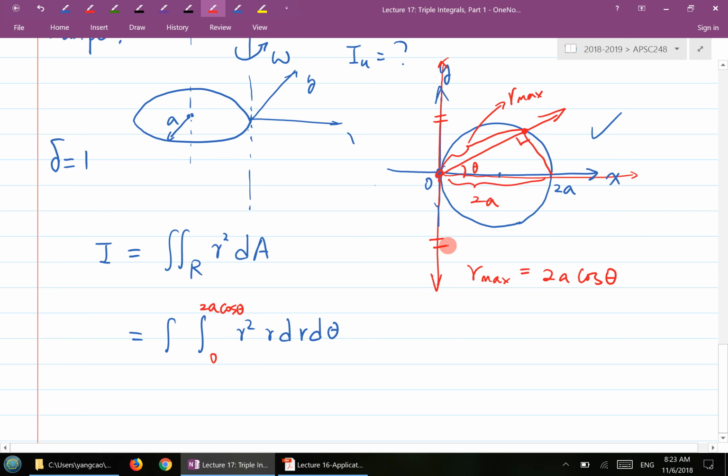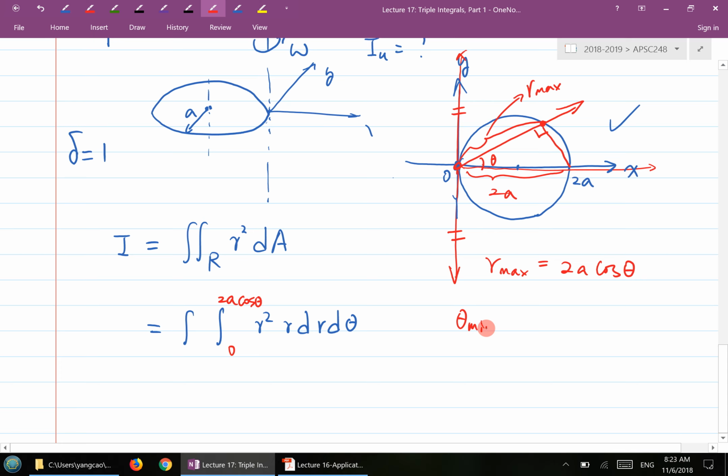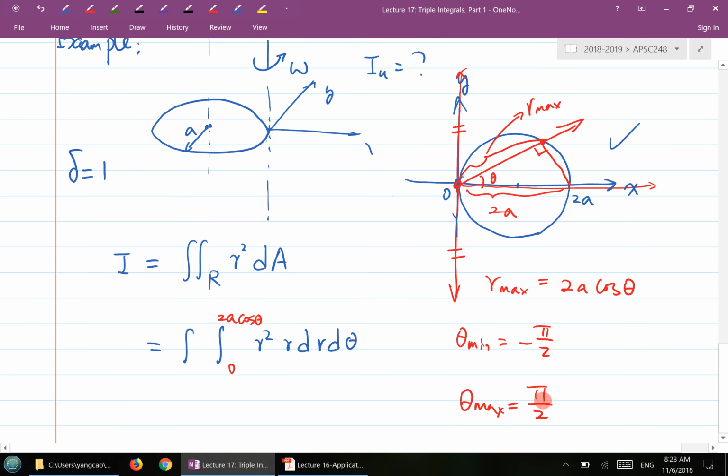Exactly. Yes, that's great. So theta min is negative pi over 2. Theta max is pi over 2. Consistency is a very important thing right here.